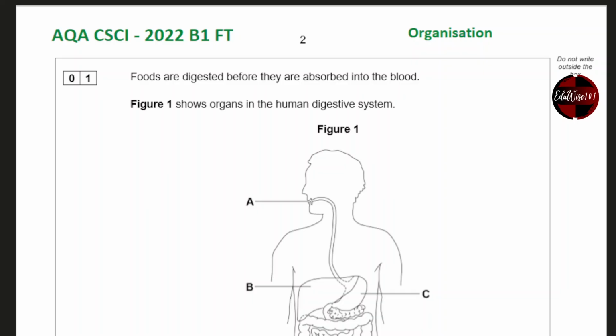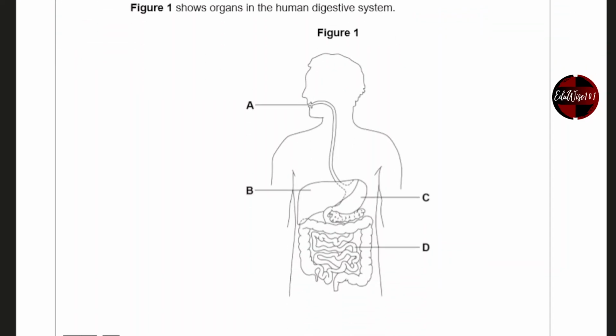Foods are digested before they are absorbed into the blood. Figure 1 shows organs in the human digestive system. So if I was to label the parts here, that will be the mouth. That's the liver. That's the stomach. That's the small intestine. Now we could label the others as well.